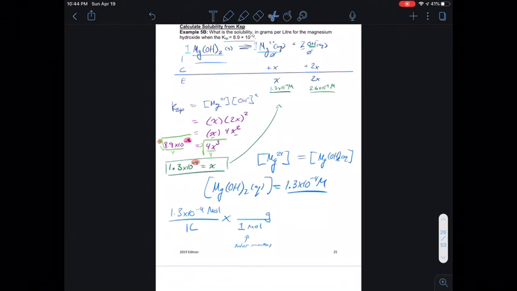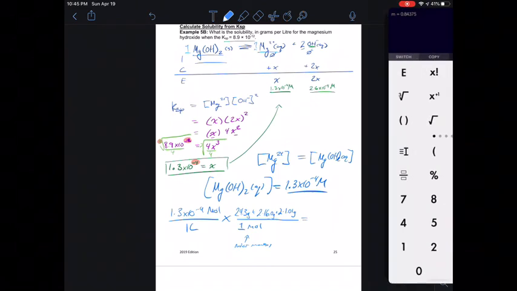To do that, I'm going to put in the molar mass of magnesium, which is 24.3 grams, plus 2 oxygens, so 2 times 16.0 grams, plus 2 times 1.01 grams for the hydrogen.